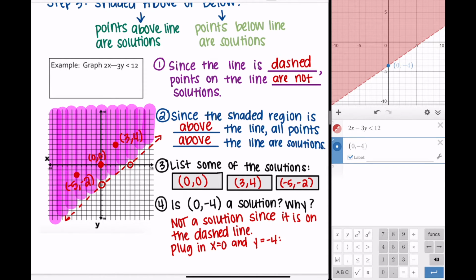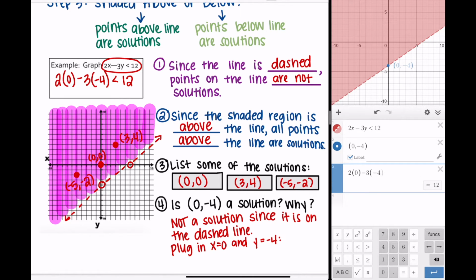If I plug in to this equation, 2 times 0 minus 3 times negative 4 is less than 12, that's going to give me a false statement, because 2 times 0 minus 3 times negative 4 is equal to 12.